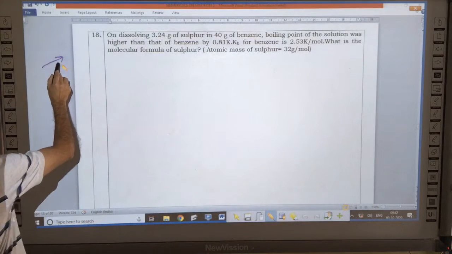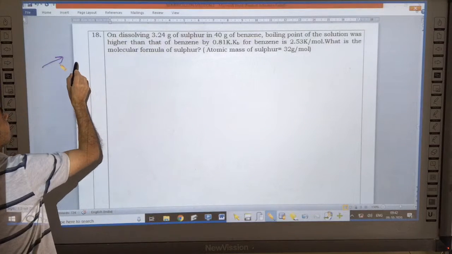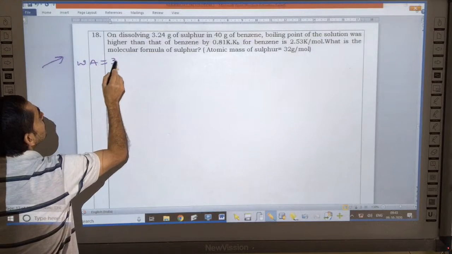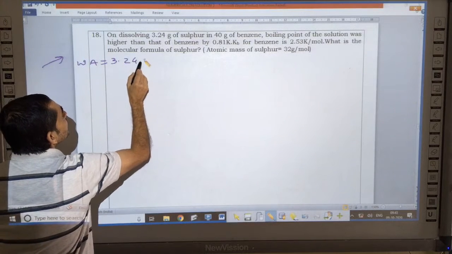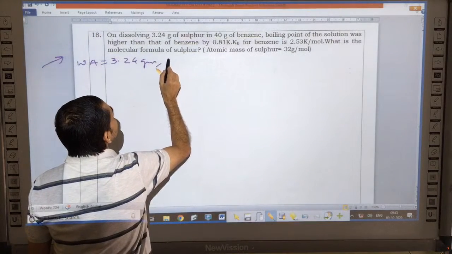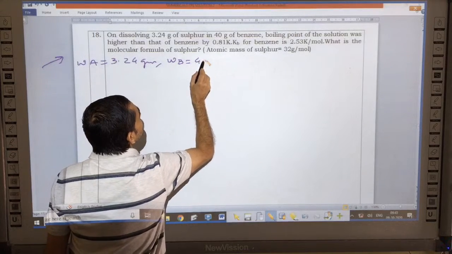Question number 18. On dissolving 3.24 gram of sulfur in 40 gram of benzene, the boiling point of solution was higher than that of benzene. What is the molecular formula of sulfur? Given: Wa is equal to 3.24 gram of sulfur, in 40 gram of benzene, that is Wb, the solvent, 40 gram.